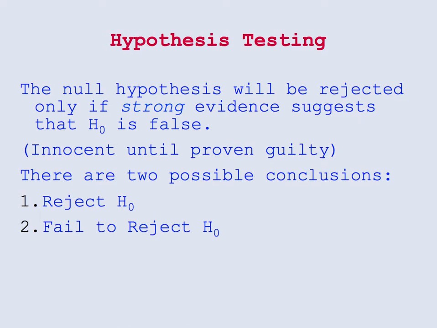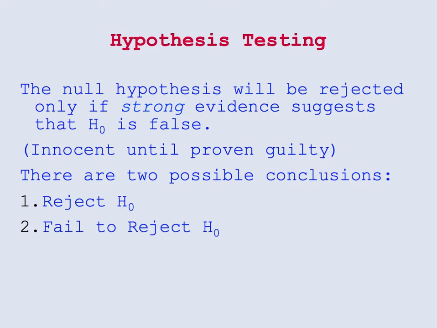A basic tenet behind statistical hypothesis testing is that the null hypothesis will be rejected only if strong evidence suggests that the null hypothesis is false. And here we're looking at the innocent until proven guilty analogy.